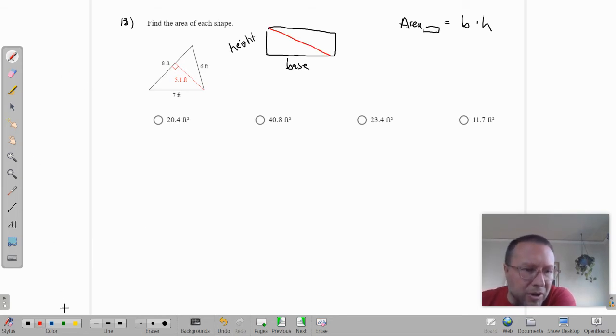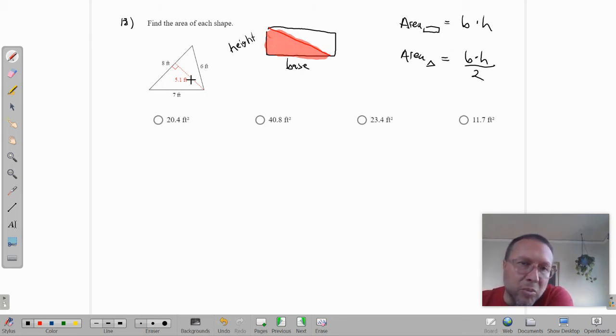If you cut a rectangle in half, then what you have, this shape here, is a triangle. So if the formula for area of a rectangle is base times height, and a triangle is just half a rectangle, then the area of a triangle is going to be base times height divided by 2, because we're just doing half of it.